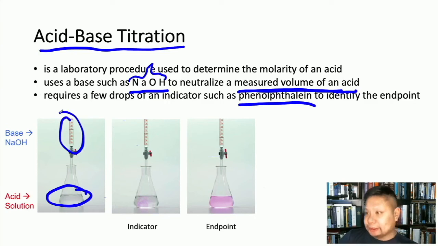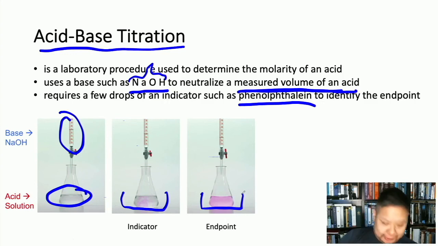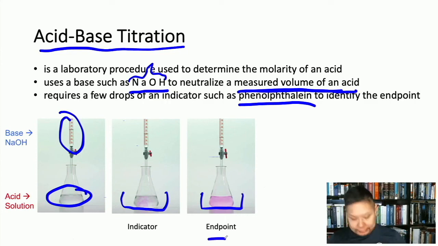The burette actually is what it's called. As you drop some base into the acid, it turns pink because of the phenolphthalein. And once you get to what we call the endpoint, where things are neutralized, we stop dropping the base, and the neutralized solution is a very light pink color. That's called the endpoint.